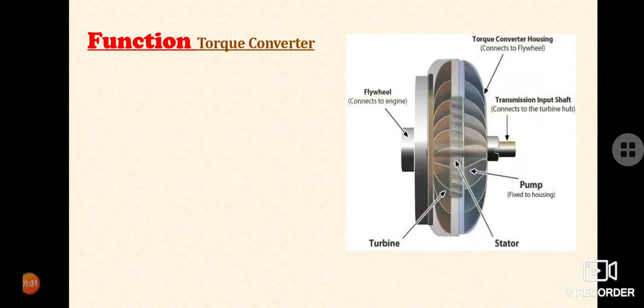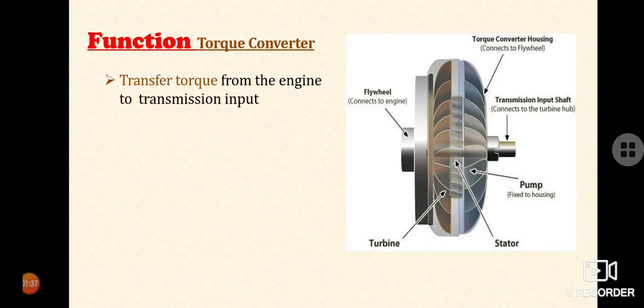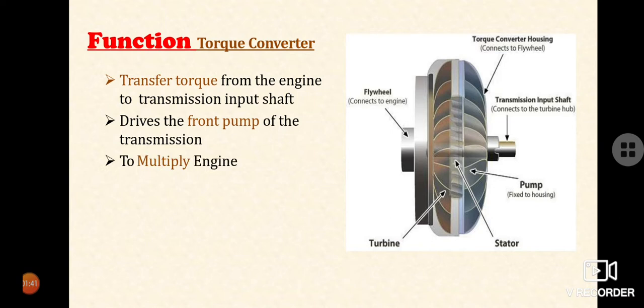So let's discuss the functions of the torque converter. Here various parts are mentioned, that is flywheel, turbine, stator, pump, transmission input shaft, and torque converter housing.